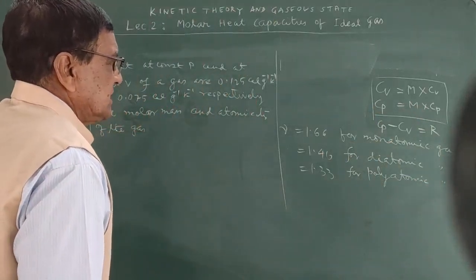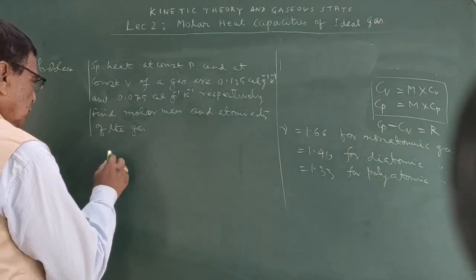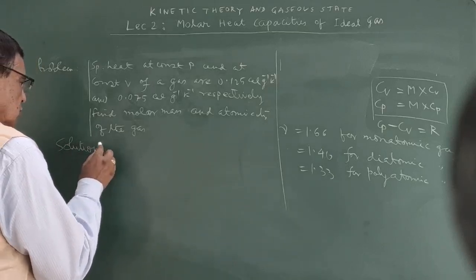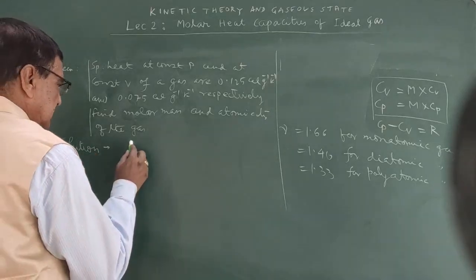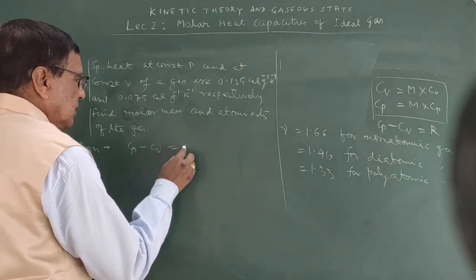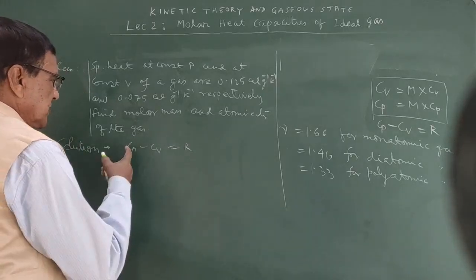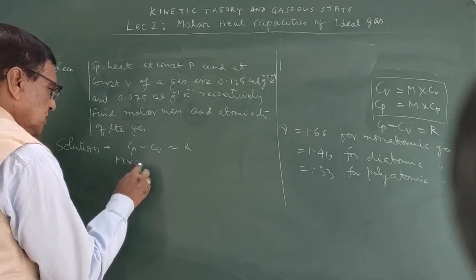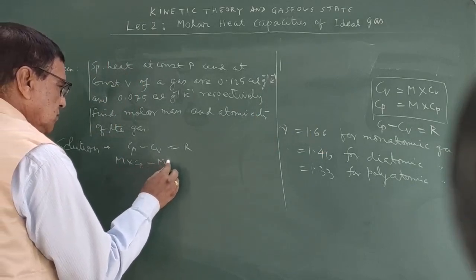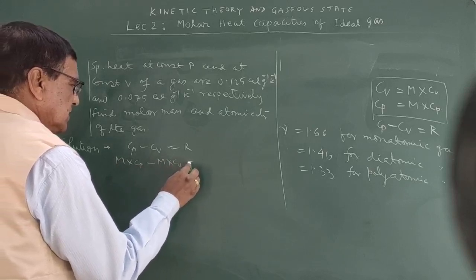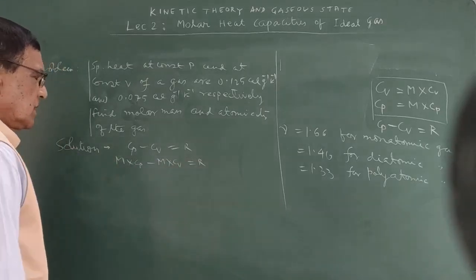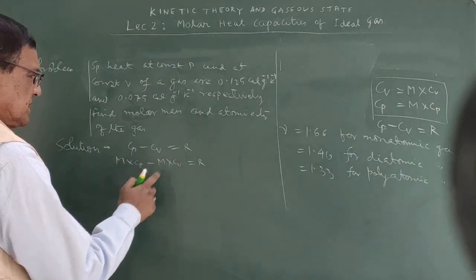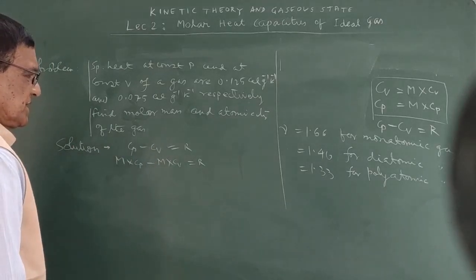So in this case, we know the relation Cp minus Cv equals R. Instead of Cp, we can write M into small cp minus M into small cv, equal to R. M is the molar mass, and these are the specific heats, while the others are molar heat capacities.